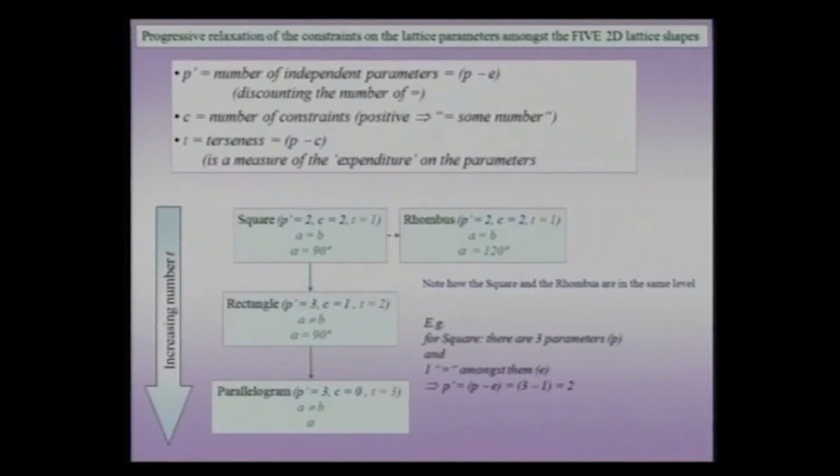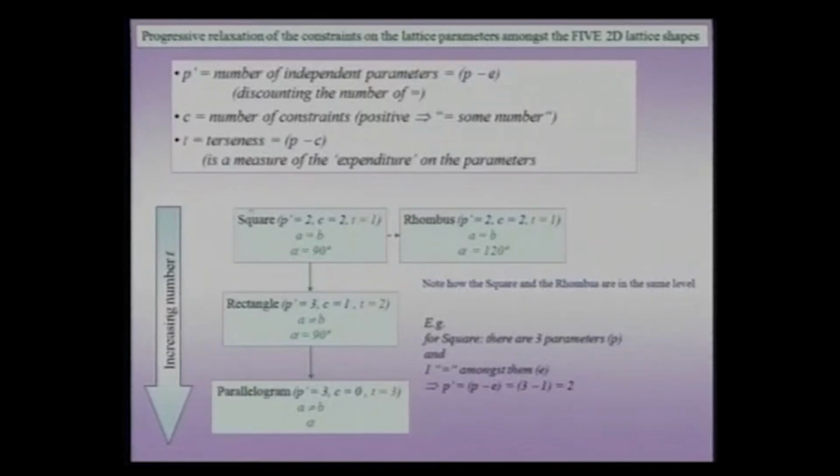We will define terseness as the difference between P and C, the number of parameters minus the number of constraints. So terseness is a measure of the expenditure on the parameters. The more the expenditure on the parameters, the lower will be its place in the lattice parameter tree.